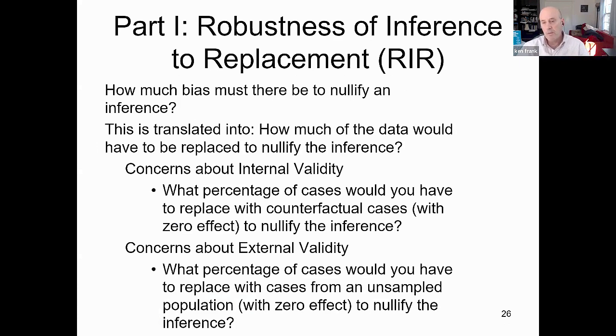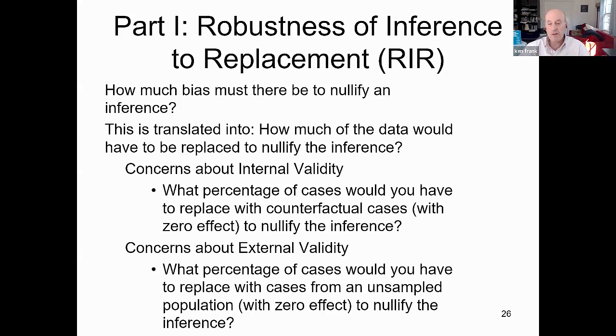Okay, so the first way we're going to work here is to think about how much bias there would have to be to nullify an inference. And then we're going to translate that into how much of the data would have to be replaced to nullify an inference. We'll talk about internal and external validity. Internal validity is what percentage of the cases would have to be replaced with counterfactual cases with zero effect to nullify the inference.